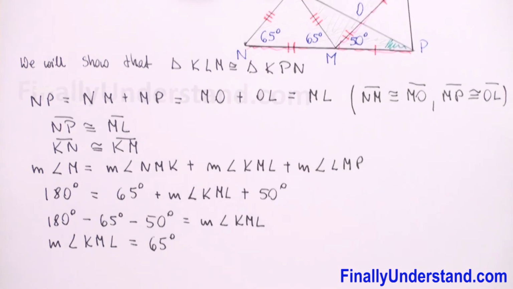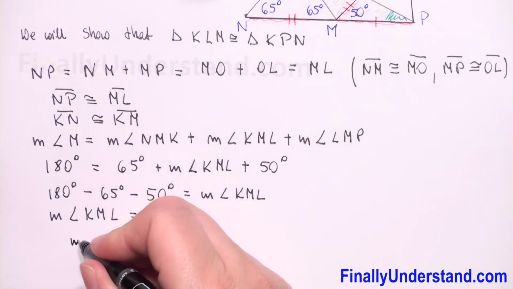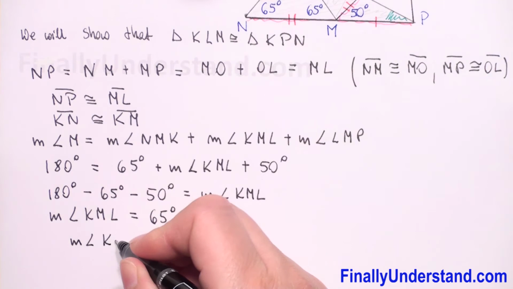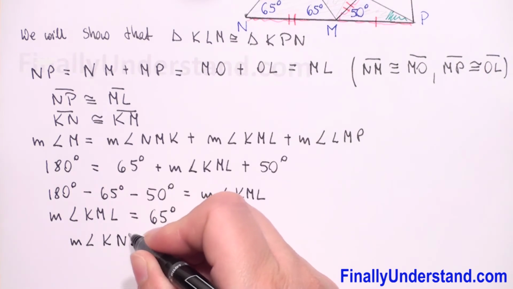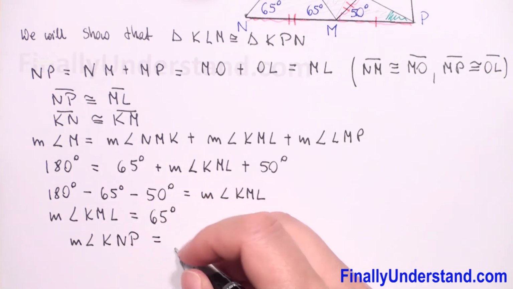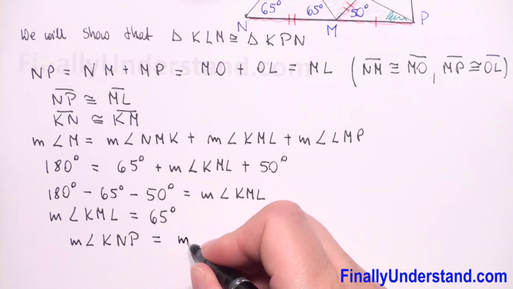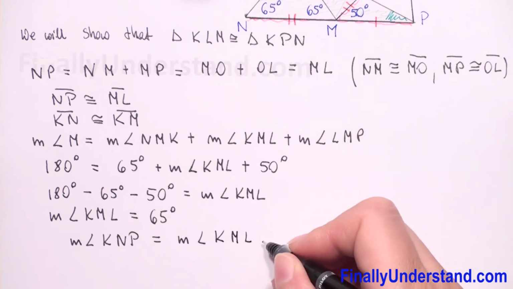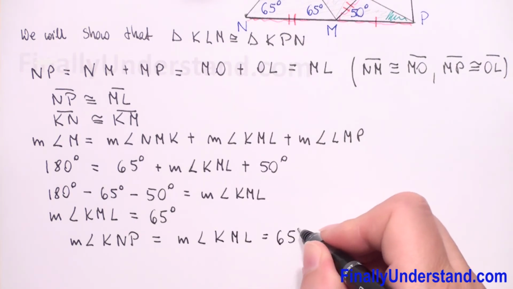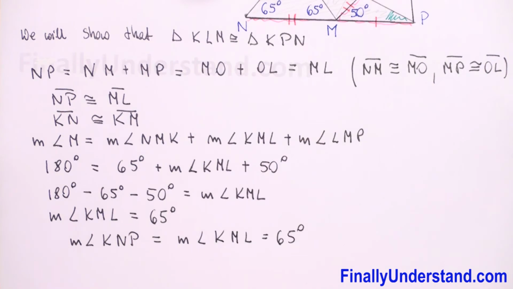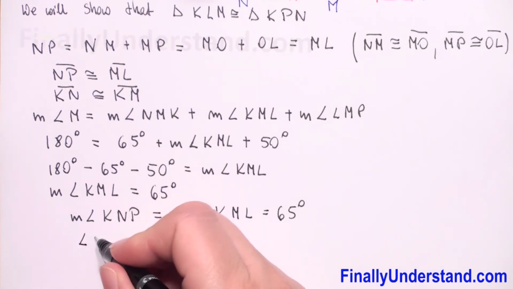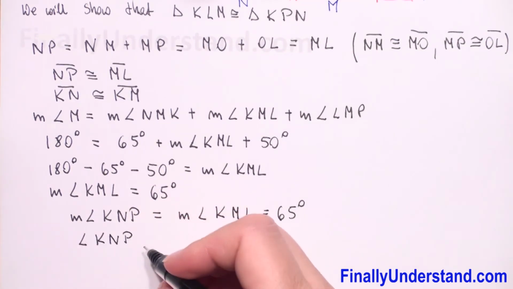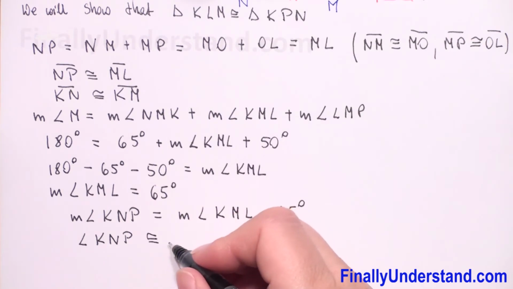So let me write this, that measure of angle KNP is equal to measure of angle KML. And this is 65 degrees. So we can write that these two angles are congruent angles. So we have that angle KNP is congruent to angle KML.